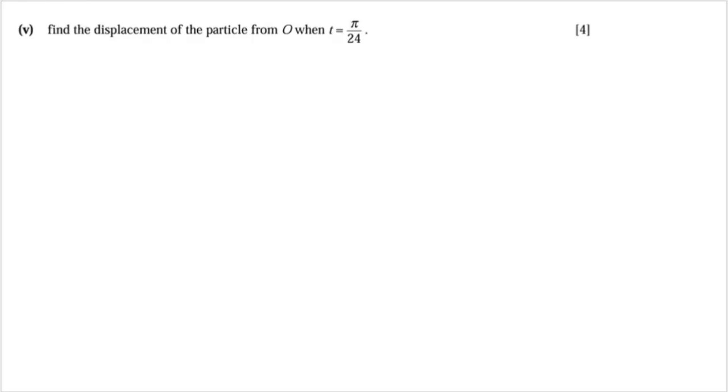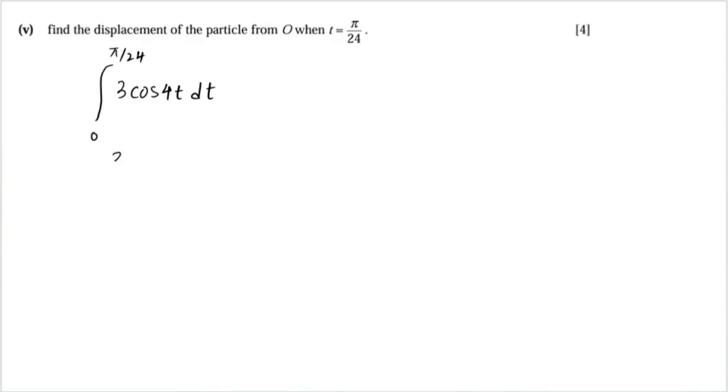So in order to get displacement, we will have to integrate the velocity function, which is 3 cos 4t dt. And the limits of integration are going to be 0 to pi over 24. So let's do that.